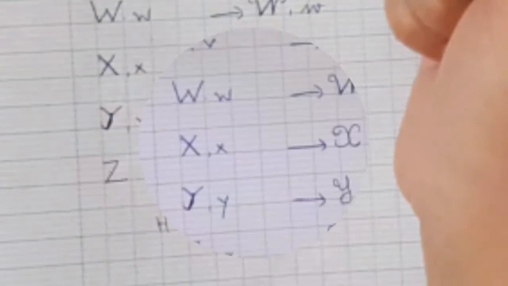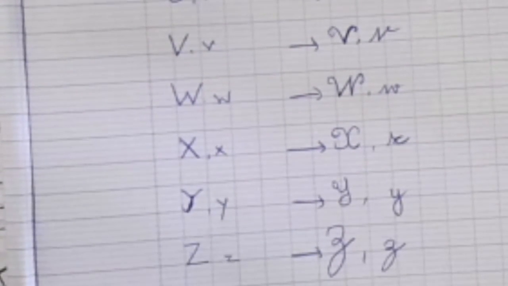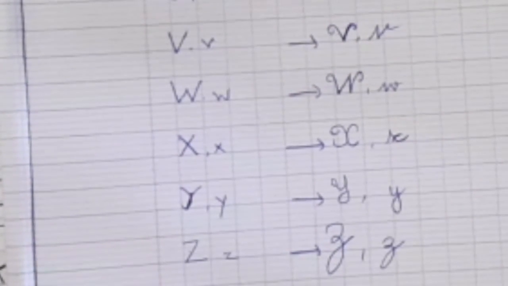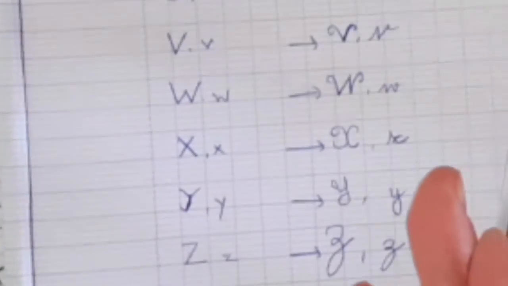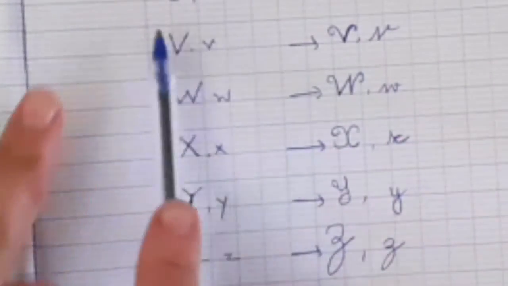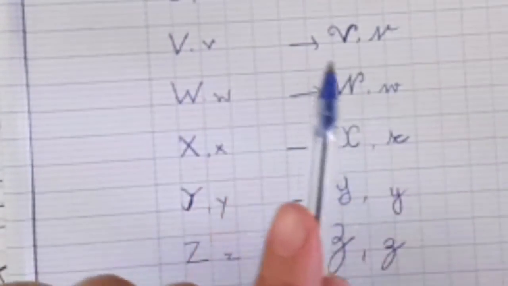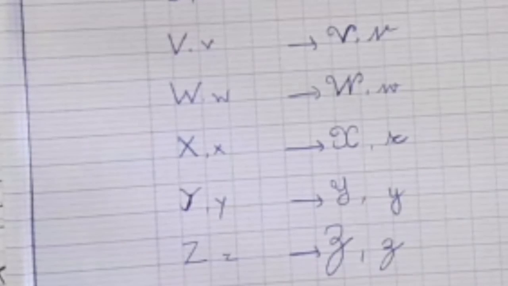Now in this video we have learned how to pronounce the name of each letter in the alphabet, and also we have learned how to distinguish between cursive and non-cursive form of writing.